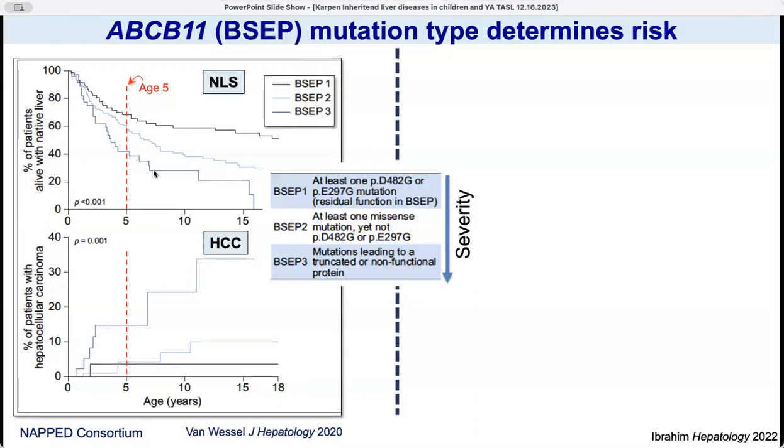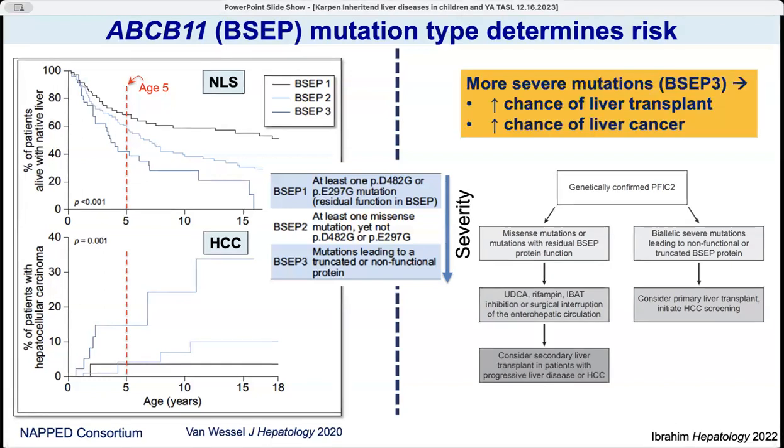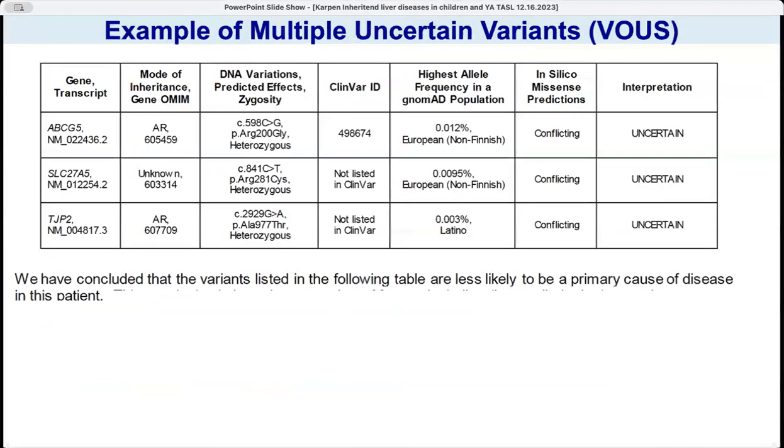Native liver survival drops quite substantially, but I think the risk of HCC is quite substantial as well. And so there's a nice flow chart, again, thinking about who should get medical therapies, who should really just go straight to transplant, but definitely who needs more severe monitoring. So more severe mutations, the BSEP3s, like that patient, have increased chance of transplant early, increased chance of cancer.